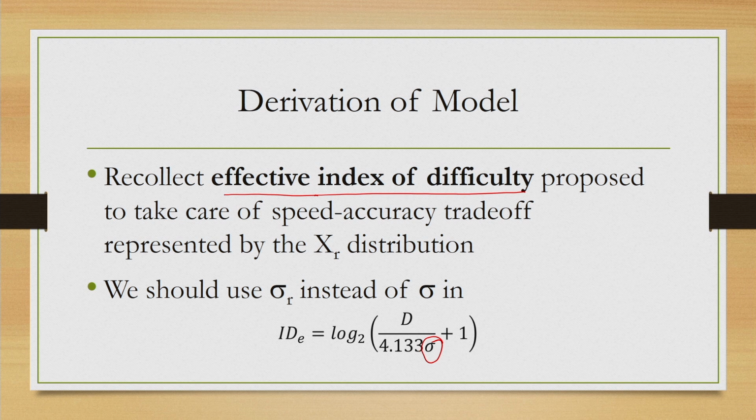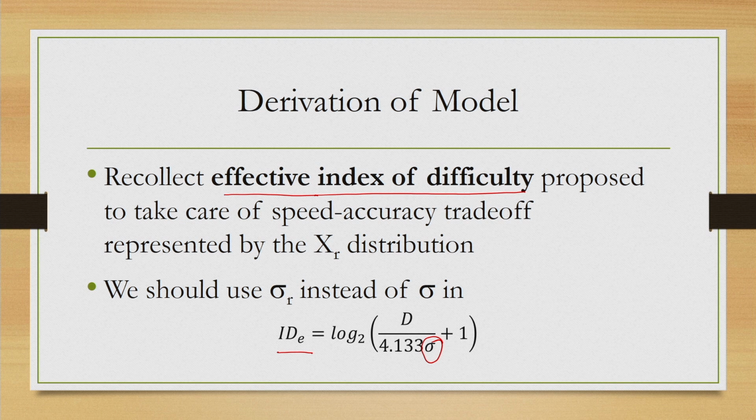But now we have this knowledge that this entire distribution of touch points is a combination of two distributions, one due to relative precision, one due to absolute precision, and the effective target width actually refers to the width of the hit points that happen due to speed accuracy trade off.